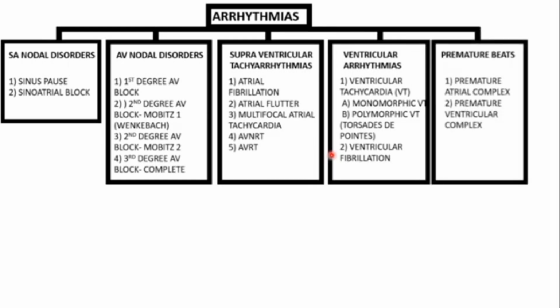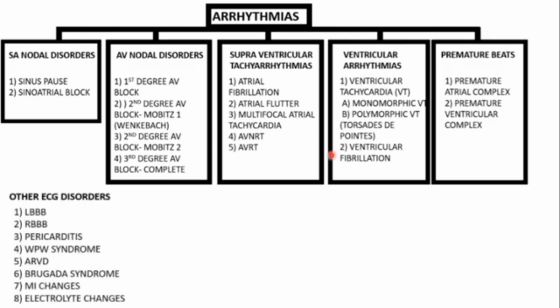These are some important conditions to be noted. And other ECG disorders like bundle branch blocks, pericarditis, Wolff-Parkinson-White syndrome, Brugada syndrome, MI changes, ARVD, electrolyte changes. All these are also important, and we'll have a separate discussion on this.